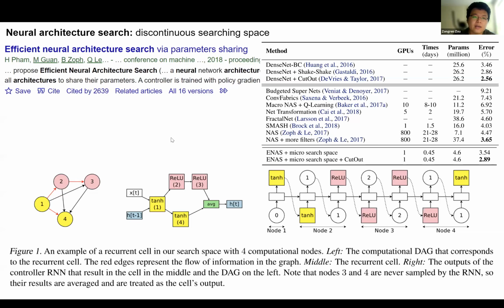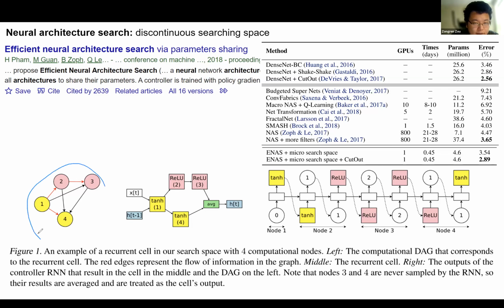So the key idea of this method is, remember in the previous method, most of the computation is on retraining neural networks. So in this case, the weights and bias are shared among all the architectures. So different from the previous one, in this one, a computational graph is created at the beginning of the search.